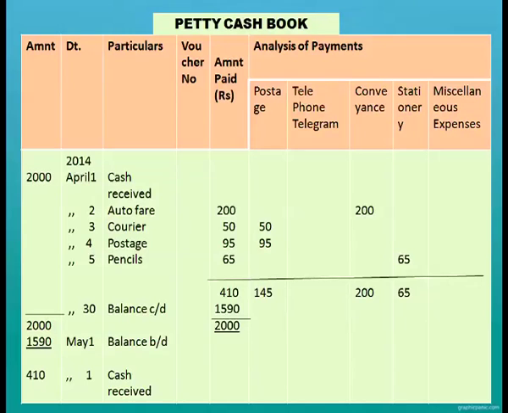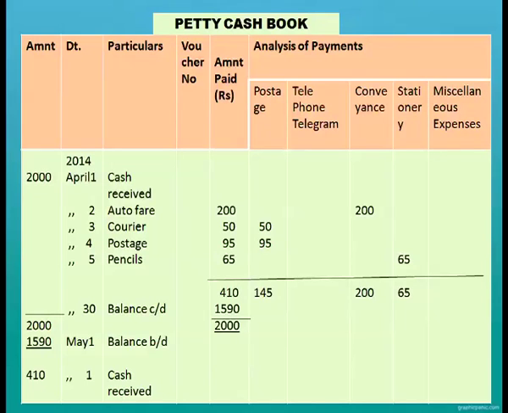It came to 410. Balance two sides, that is 2000 minus 410 will give you a balance of 1590. Last date of that particular month, balance carried down 1590. It will be brought down in the beginning of next month, May 1st, balance brought down 1590.